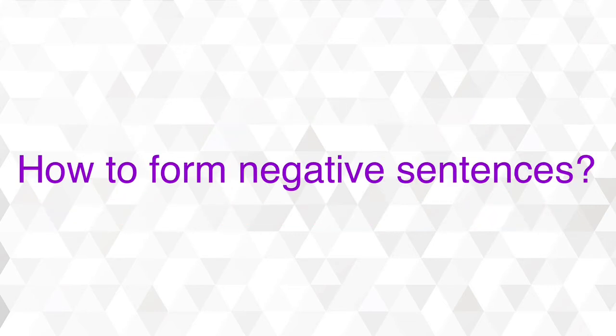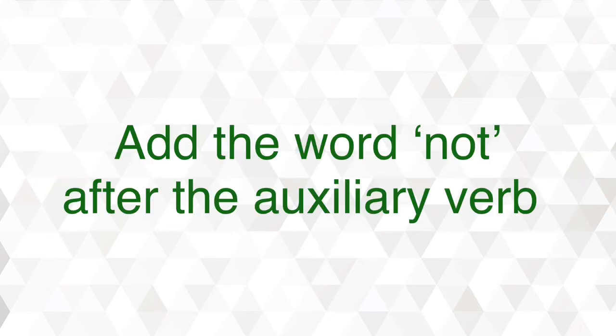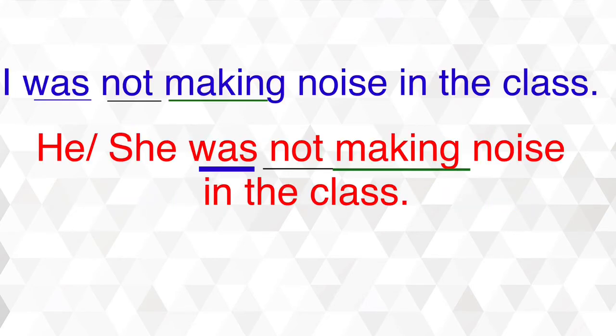Now, how to form negative sentences in past continuous tense? To form negative sentences, we add the word not after the auxiliary verb or the be form of verb. Here are some examples. I was not making noise in the class. He was not making noise in the class.